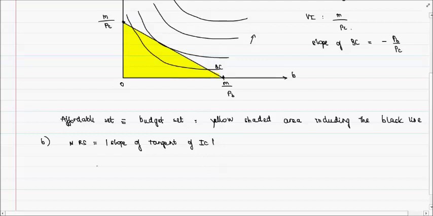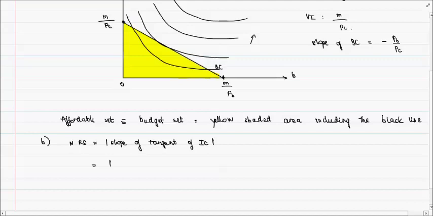We know that the slope of the tangent of the indifference curve tells you how many units of one good will have to be given up in order for the consumer to consume one more unit of the other good, such that the consumer is kept on the same level of utility. That is the definition of the slope of the tangent of the indifference curve.